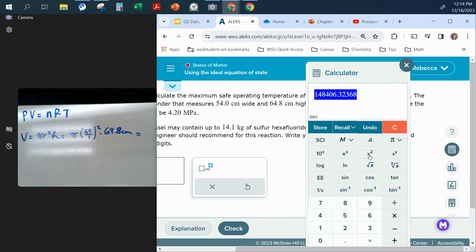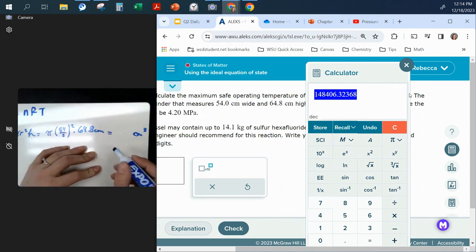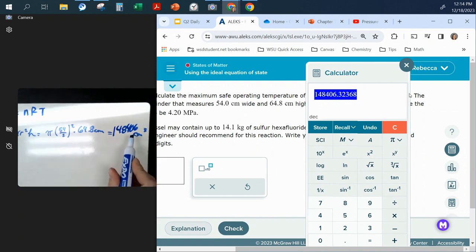This is the volume in centimeters cubed. But we need it in milliliters. So 148,406 centimeters cubed.